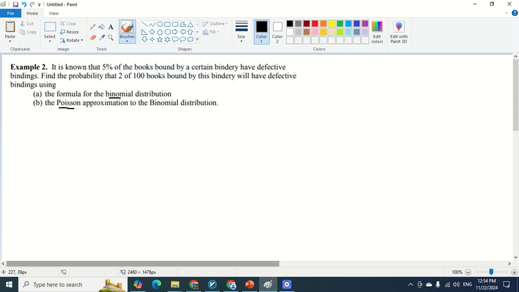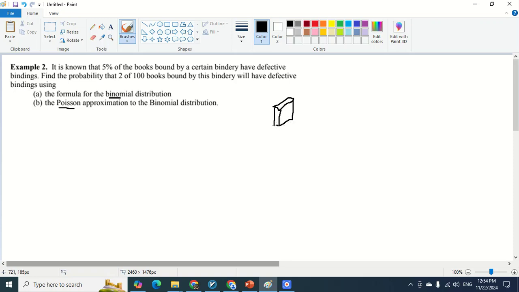It said that it's known that 5% of the books bound by a certain bindery have defective binding. Let us sketch one book over here.